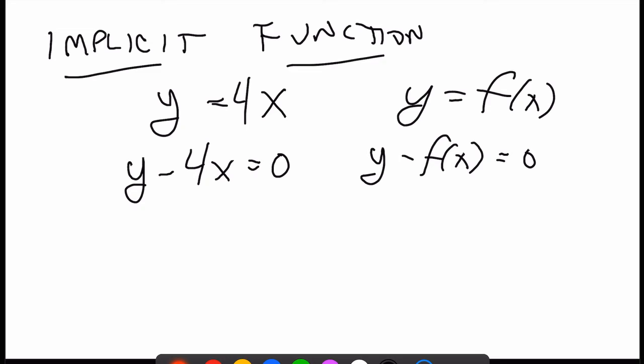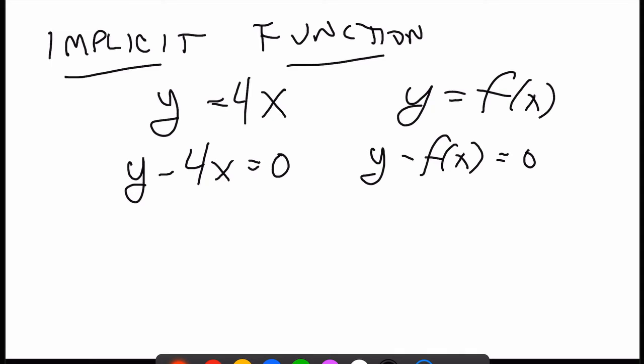I need one thing on the left and everything else on the right. Well, what if I can't do that? What if I have one of these equations that's funky and there's no easy way to get that y all by itself, or I have x and a y and I need to get a z all by itself, and I can't do it.